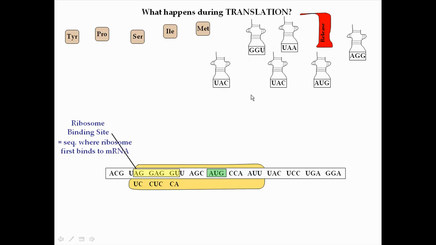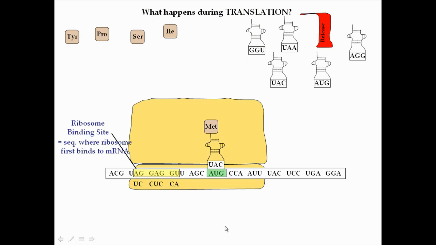UAC, it turns out, interacts with the amino acid methionine, and it brings it then to the ribosome and the messenger RNA. And again, the reason why this transfer RNA can bind to this codon is because it has a complementary sequence. UAC is complementary to AUG. Once this first transfer RNA has brought the first amino acid to the messenger RNA, what happens next is that the rest of the ribosome, the large subunit of the ribosome, ends up clamping down on the whole process.